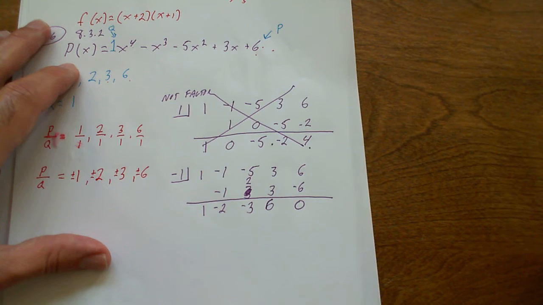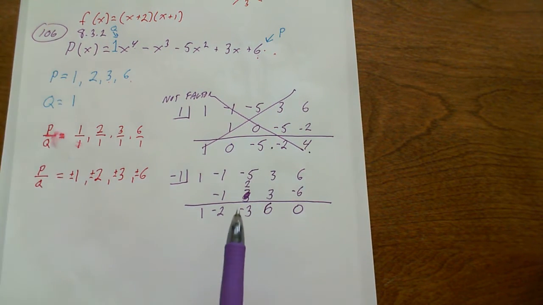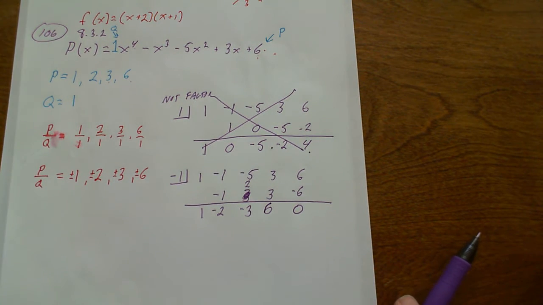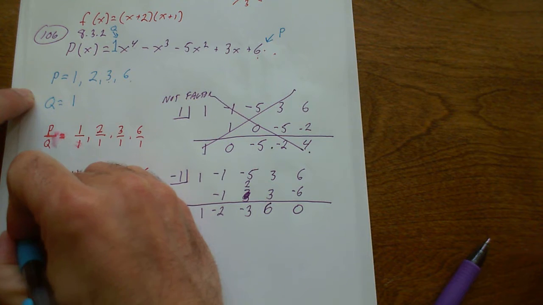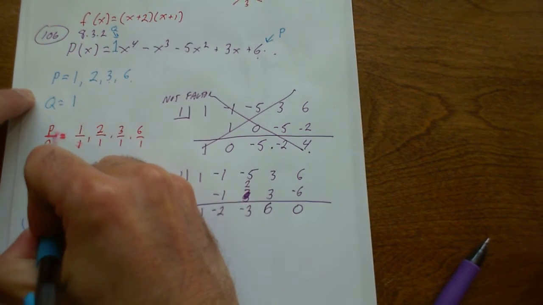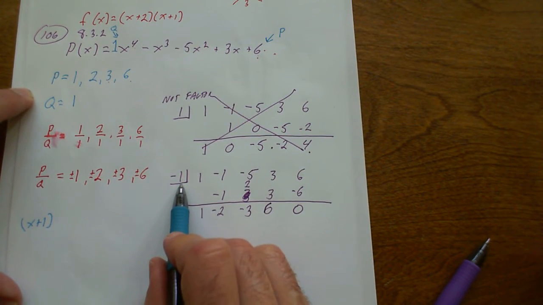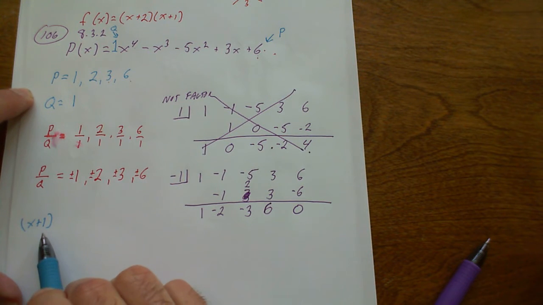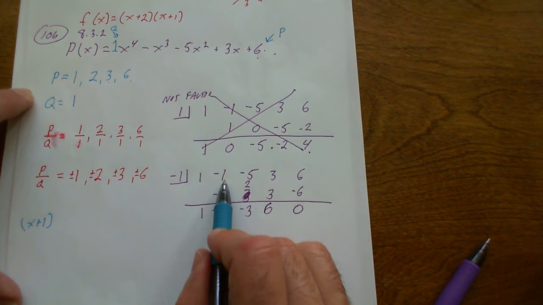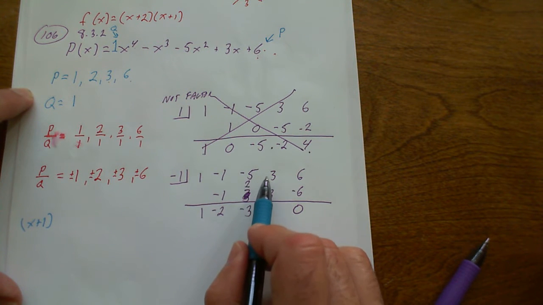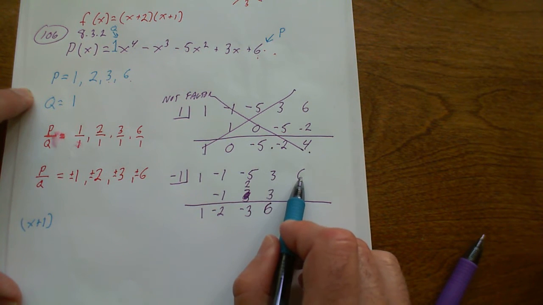Now let's write down what that would look like so far. If negative 1 is one of my factors, remember we write the opposite here, so my factor is now x plus 1. If you remember our notes from before, we write the opposite. And remember this was x to the 4th, x to the 3rd, x to the 2nd, 3x plus 6.